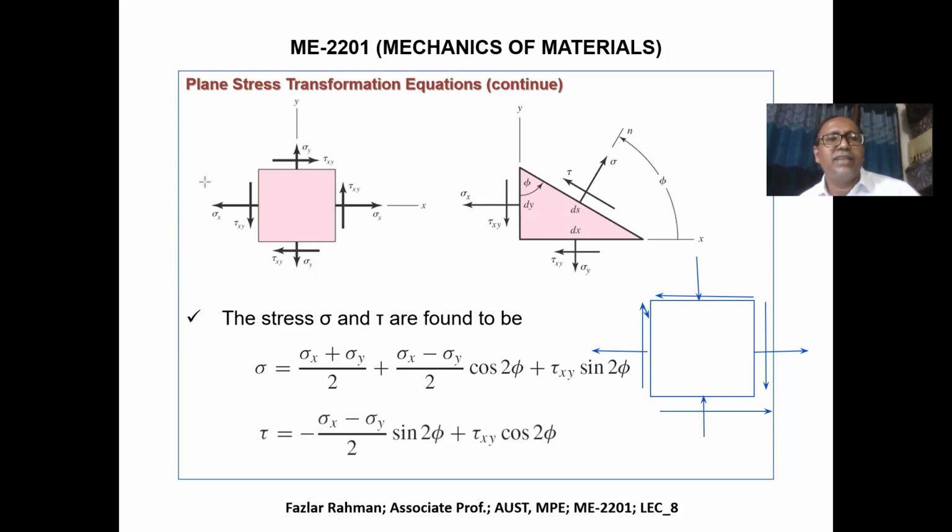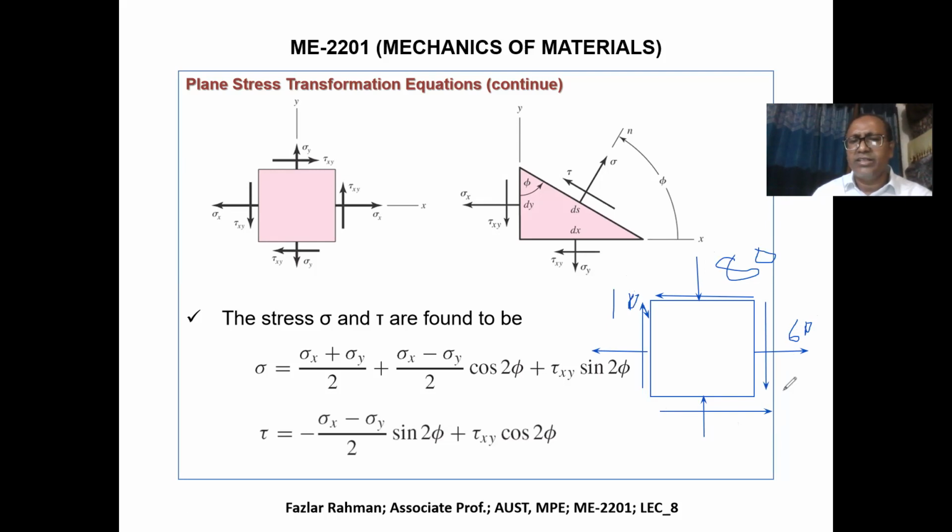Now, if I say that this is 60, for example, this one is 80, and tau xy, we don't know how much. Say tau xy, I'm saying this is 10.